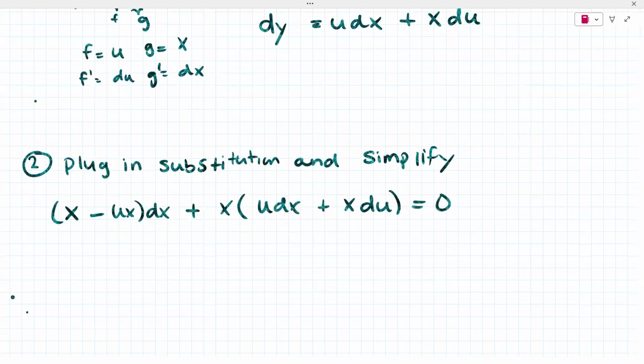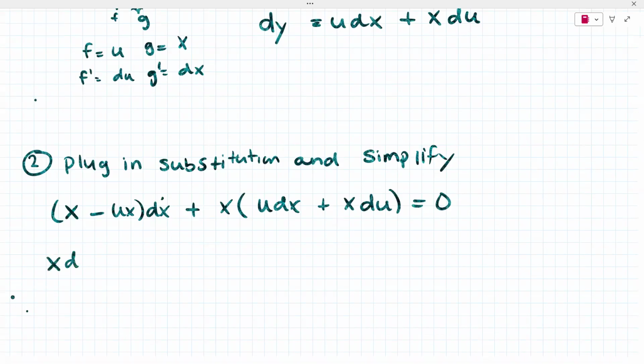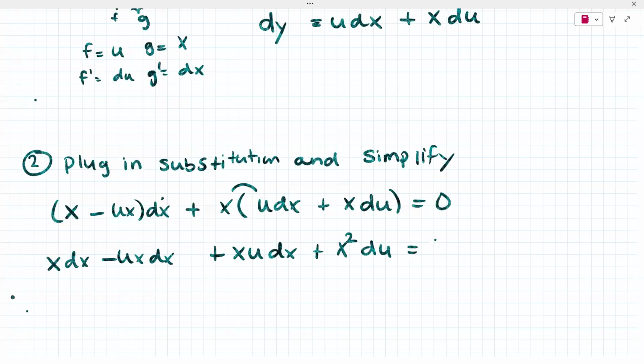And then what you could do is, you see this dx? FOIL out that dx. So it's going to be x dx minus ux dx. Then I guess you could FOIL out this x. So this is going to be plus xu dx plus x squared du equals 0, right?